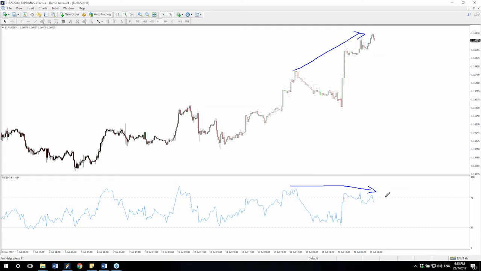This can be a change of the RSI, MACD, momentum, the commodity channel index, but let's just focus on the RSI today. This is one other way of using the RSI indicator. You would expect, for example, in an uptrend to see a higher high on the price and a lower high on the RSI.